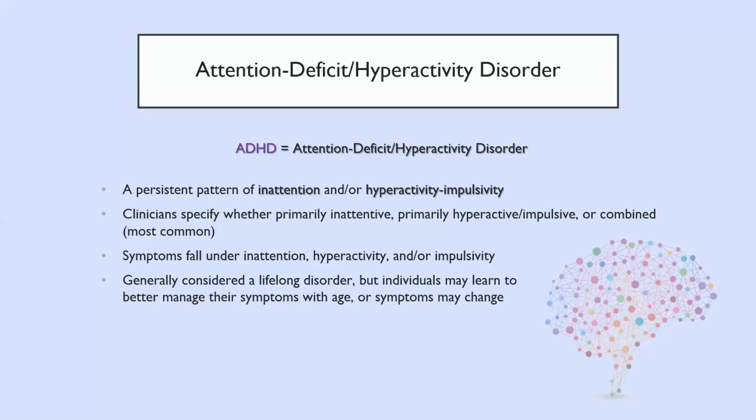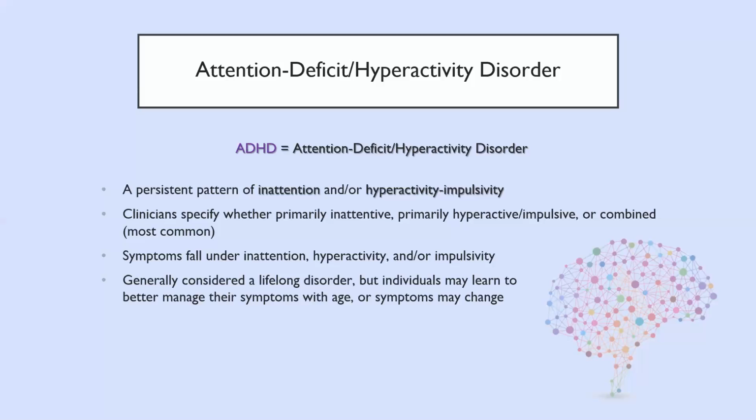It's generally lifelong, but individuals may learn to better manage their symptoms with age, or their symptoms may change and fade as they get older. Some adults still have ADHD, but throughout their life of school and work, they've learned little tricks or ways to deal with those symptoms. If someone is very forgetful, maybe they've learned to always leave their keys in the same place. Things like that you might learn as you age.